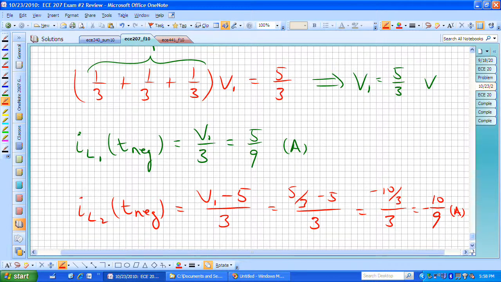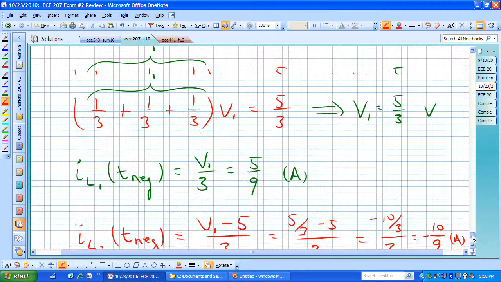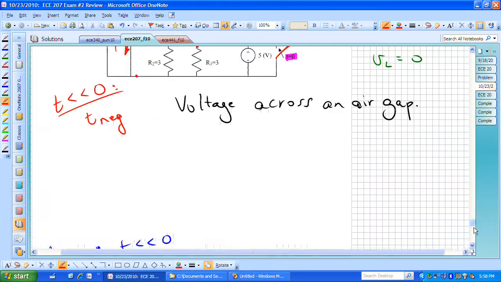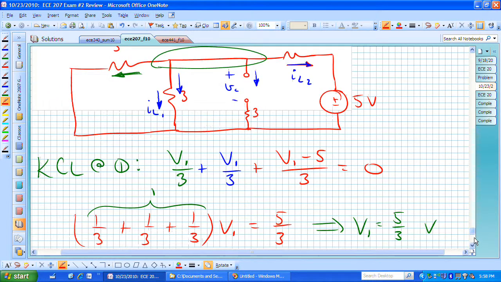For I sub L sub 2, and finally we need to find the voltage dropped across this capacitor, and we could write a KVL equation around that particular mesh or loop and just realize that we can sum voltages across an air gap, where this is the air gap of interest, meaning we now have this drop from here to there.